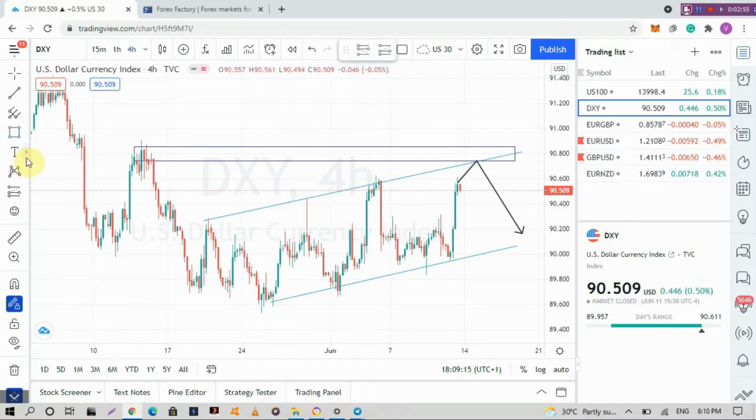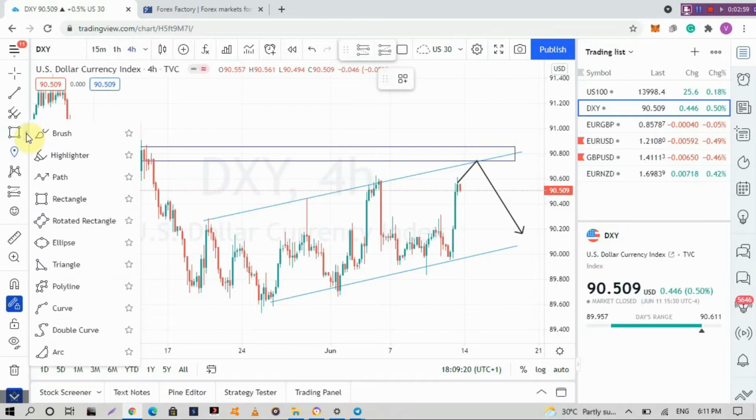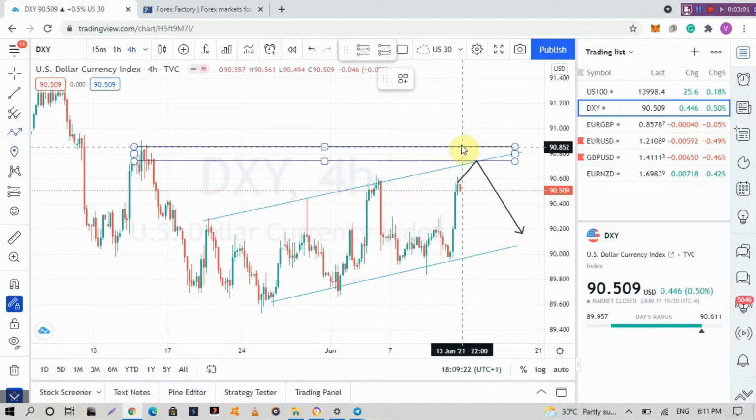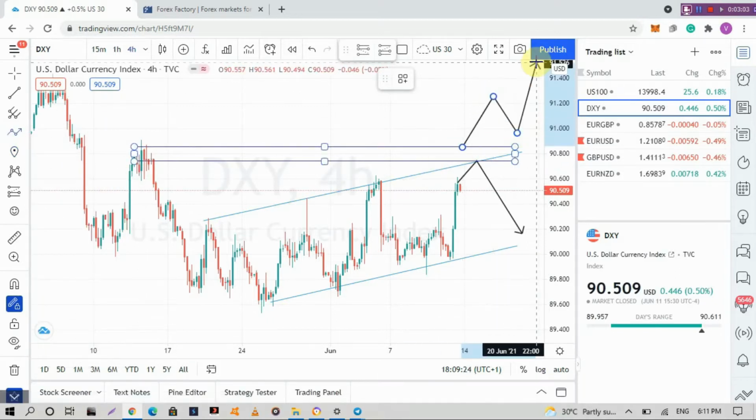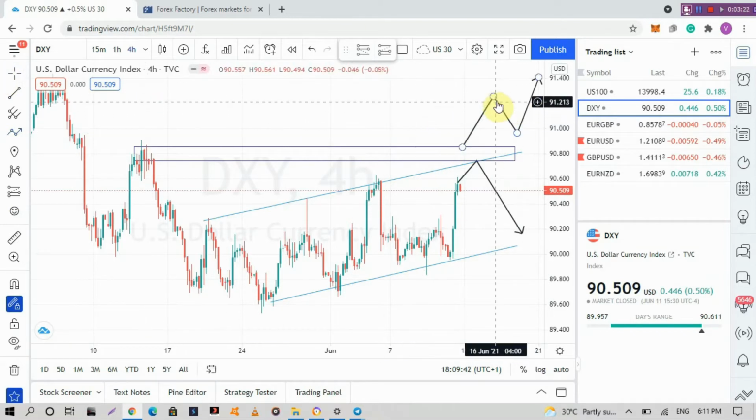If it doesn't decline, we could see a break ahead around this region, a continuation of the USD strength. But in an uptrend, there will definitely be a retracement after an impulse move, so I'm anticipating a little retracement in the DXY this coming week. From here, we are not going to be favoring the US dollar this coming week.